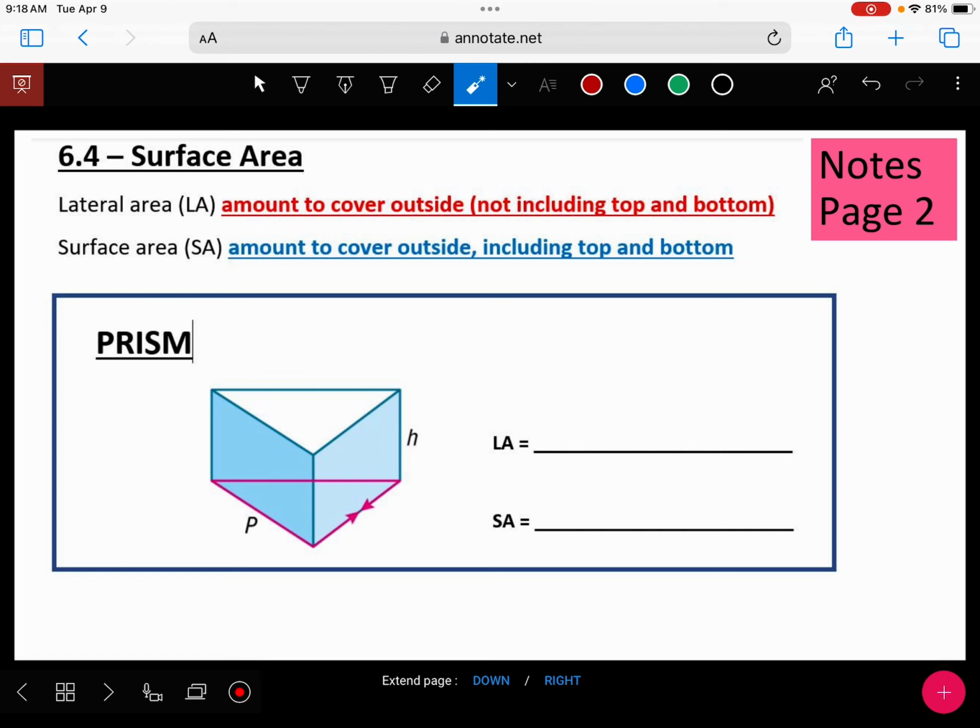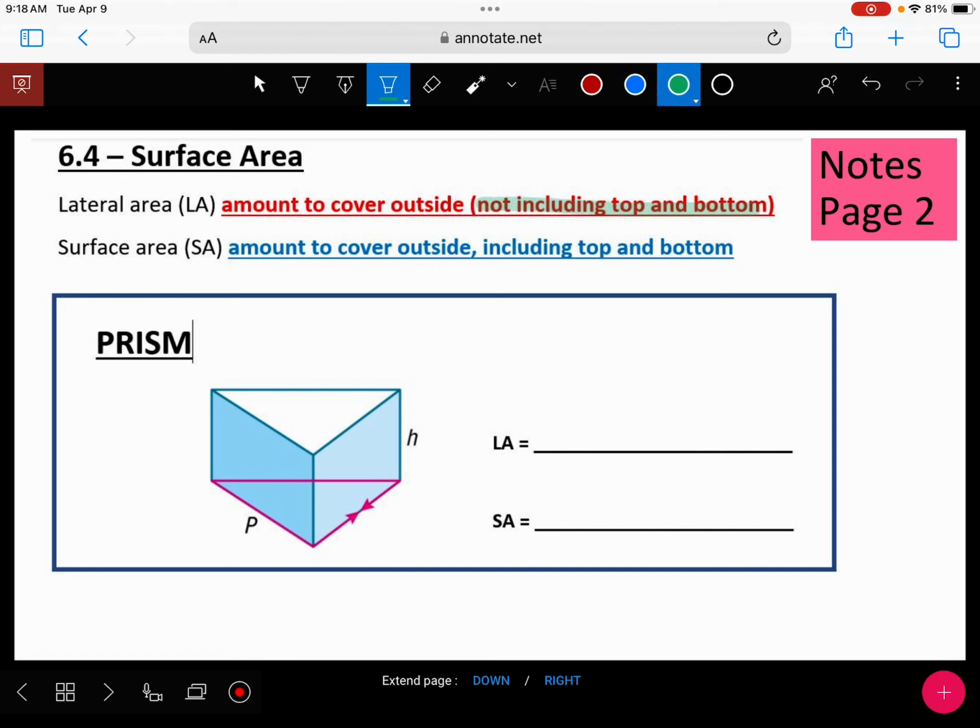And today we're going to talk about a prism, and I'm going to give you the formula for a cylinder. So it's 2 different formulas. Lateral area, again, make sure you write that it does not include the top or bottom.